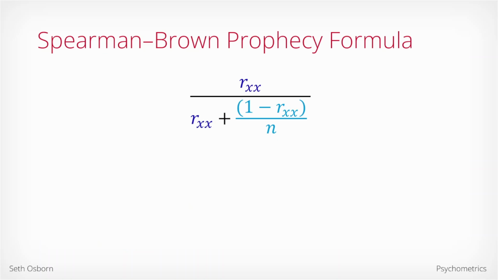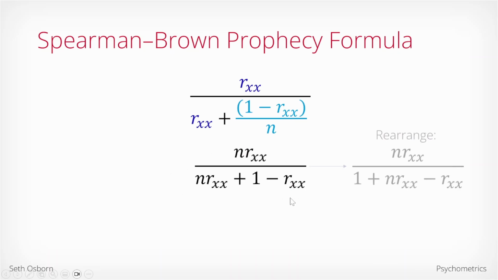It's kind of weird and annoying to have this fraction inside a fraction, so we can get the N out of this denominator by multiplying this times N over N. Doing that gives us this right here, and I'm going to rearrange the denominator a little bit so that it starts to look familiar. This makes the next step easier.